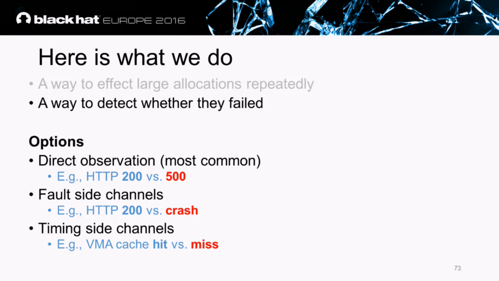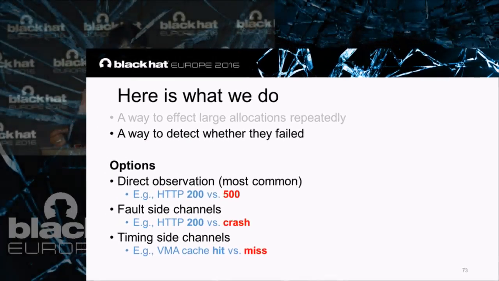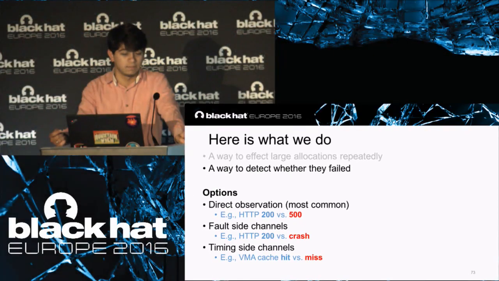The other option is that the server crashes, so it just doesn't reply anymore, and the connection closes. Or when it succeeds, it gives you an OK status and gives you the page. Or a timing side channel can happen. I will show you an example of a server where we use such a side channel.